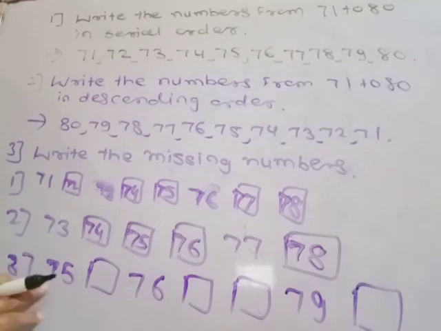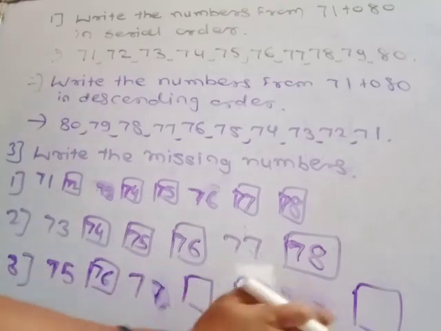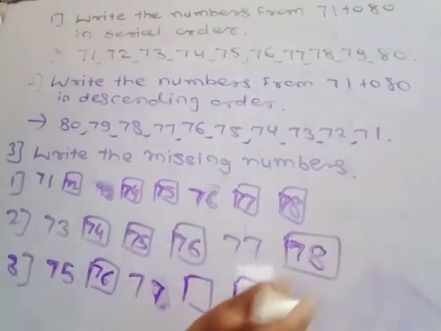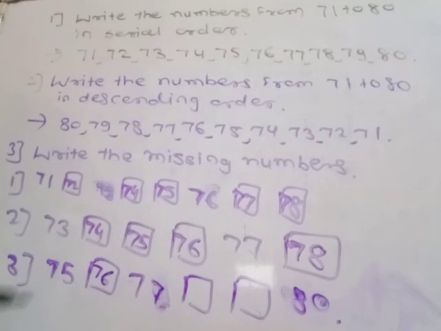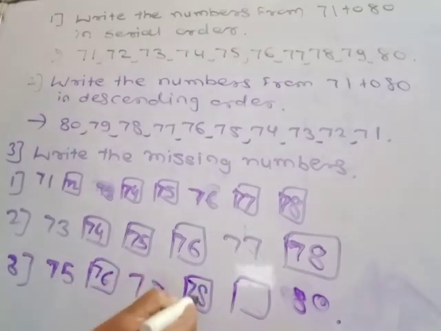Then here 75. 75 after which number here? 76. Then 76 after 77, 77 after 78. And 78 after 79. Last one number 80.